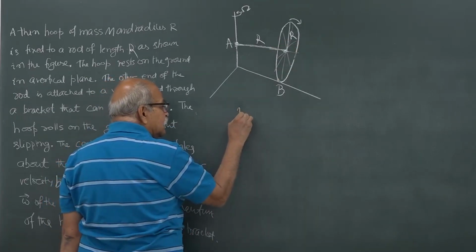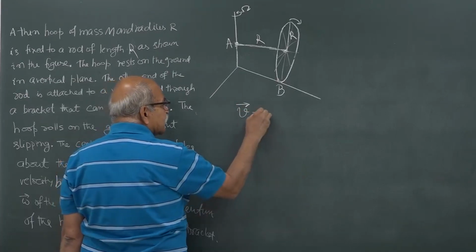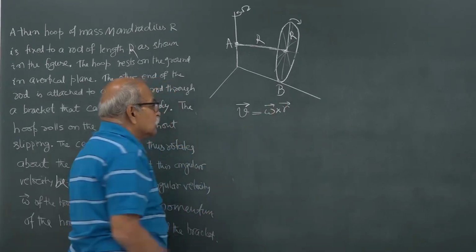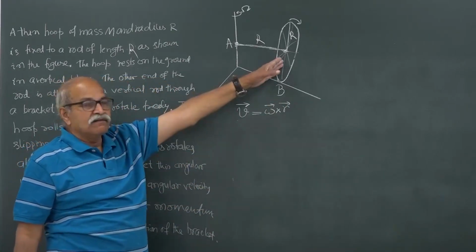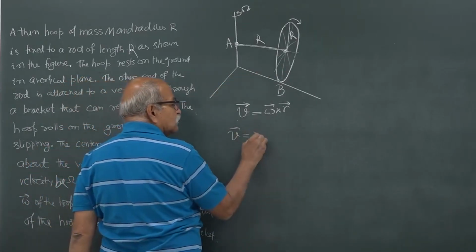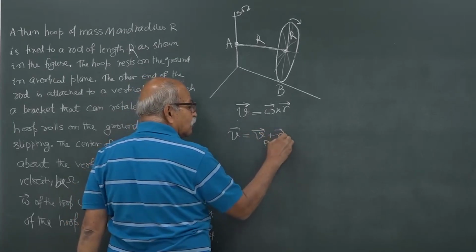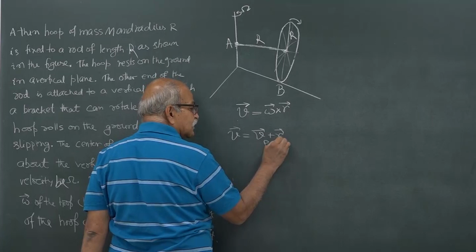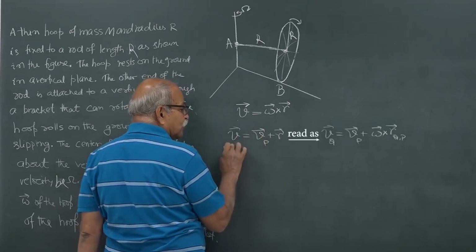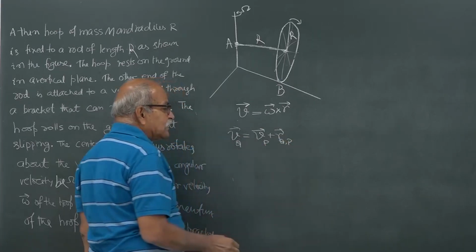Now, for any object which is rotating, velocity can be written as omega cross r. The general relation is that you pick up some point, and then r of that point with respect to this. So, velocity of say point Q is omega cross r of Q with respect to P, that is the general one.